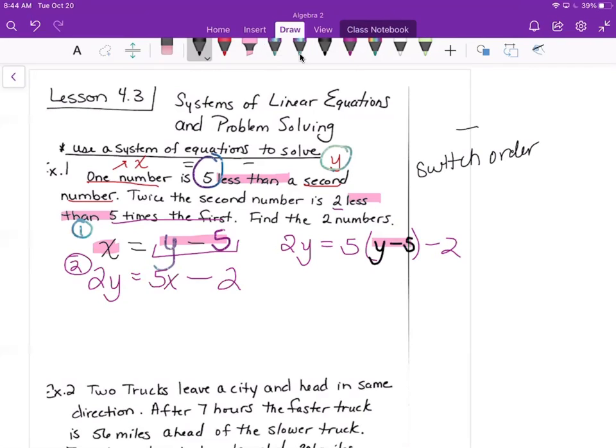Now that we've substituted, we can solve for our y. We're going to do the distributive property. We get 2y equals 5y minus 25 minus 2. We move the y to one side by subtracting it.